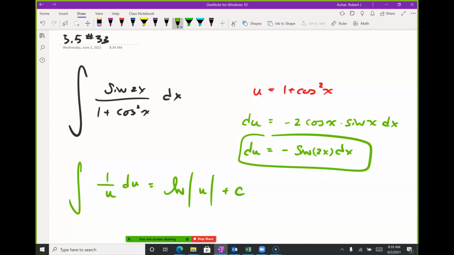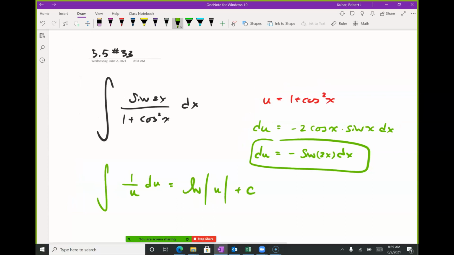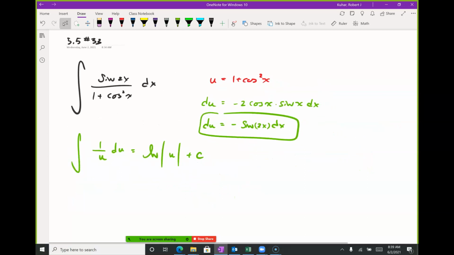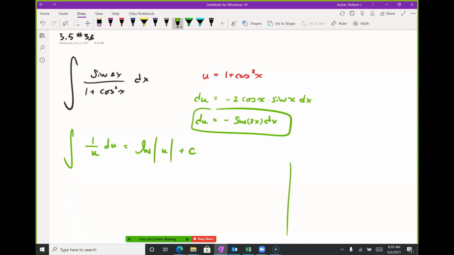That's always positive, right? Are you missing a negative 1? Oh, yes, thank you. So negative ln of the absolute value of u.